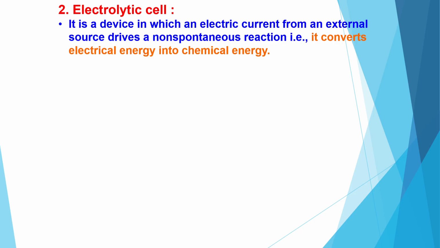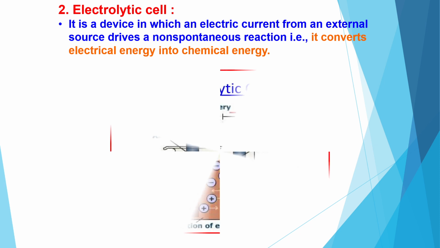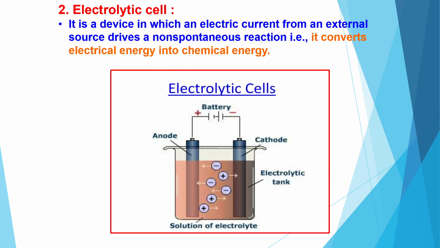That means without the help of another external source of energy, we cannot run that cell. And this is a picture of an electrolytic cell. Look at this. The container is called the electrolytic cell, but we are doing this with the help of an external battery. That is why I said this is a non-spontaneous reaction which happens inside an electrolytic cell.